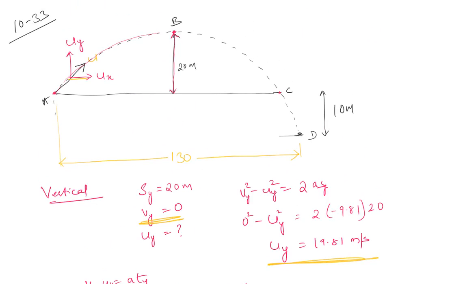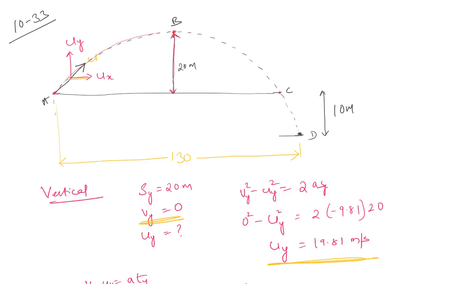What else? From here we can also calculate the horizontal velocity if we want. But let's hang on to that part. Let's continue with the vertical and find what's going on when the ball reaches point D, which is 30 meters from point B. So now pay attention here.